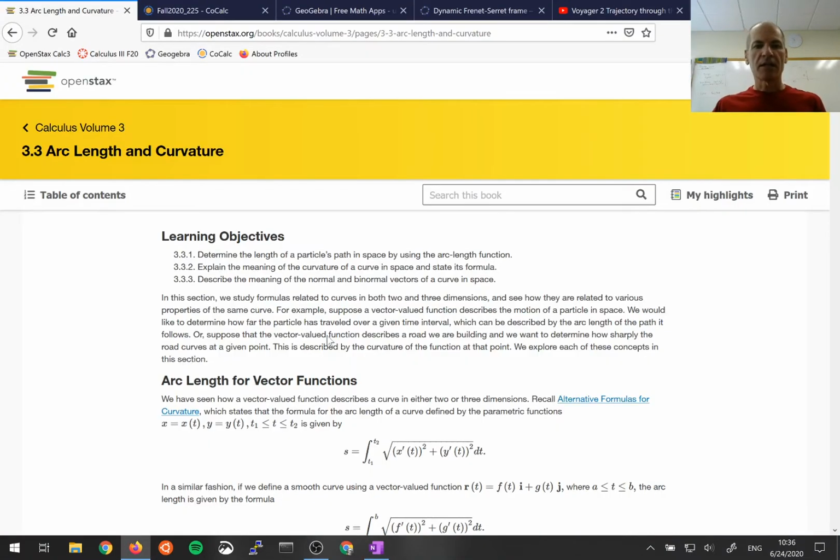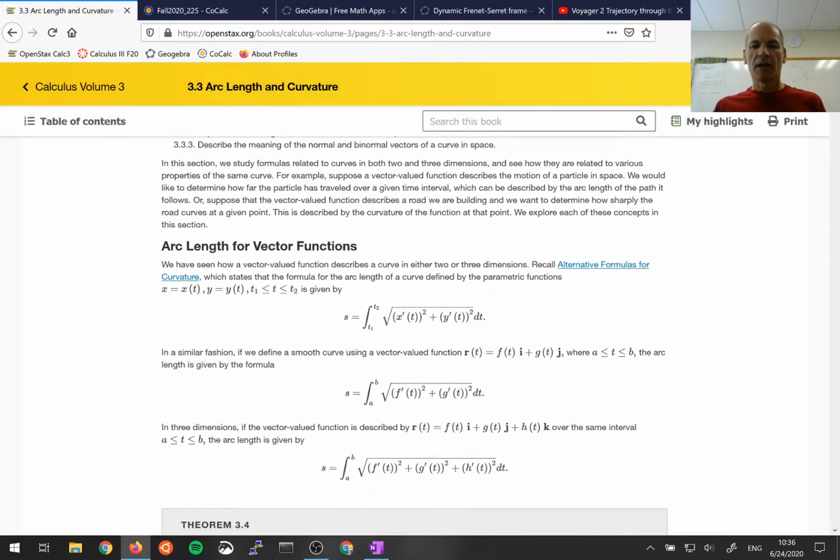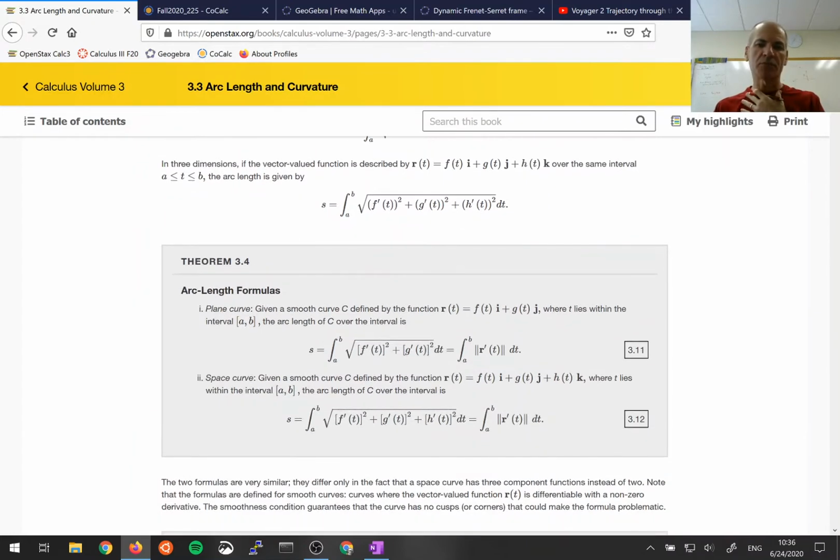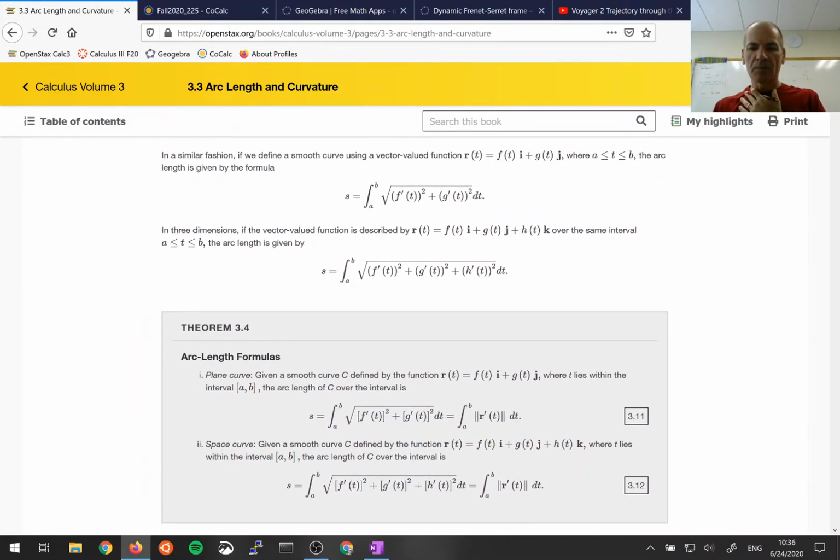We are in section 3. Here are some of the objectives. Let me just remind you, or talk a little bit about the arc length formula. When you have a trajectory r, or a space curve r, and you compute the magnitude of r prime, what you're actually computing is the speed at time t.